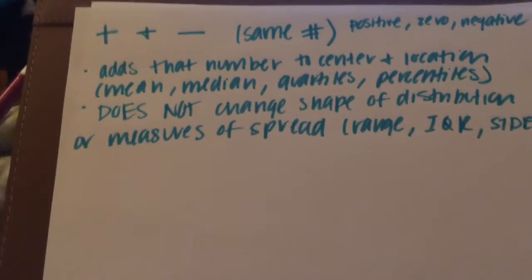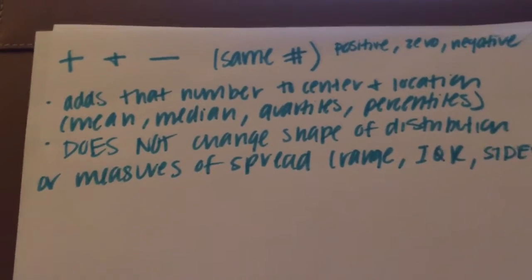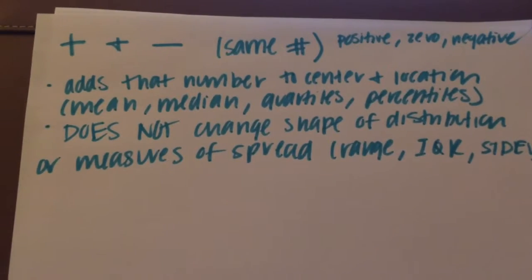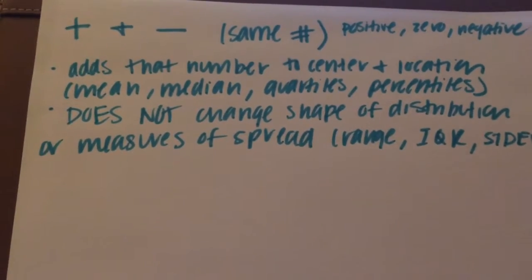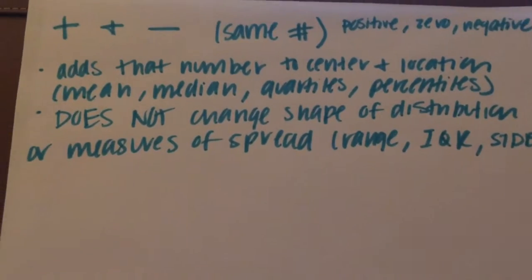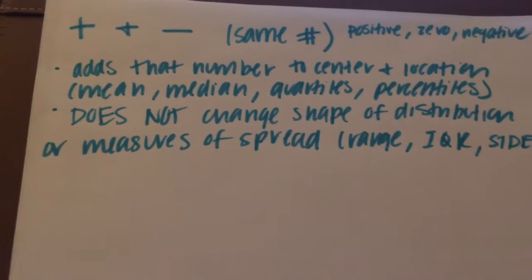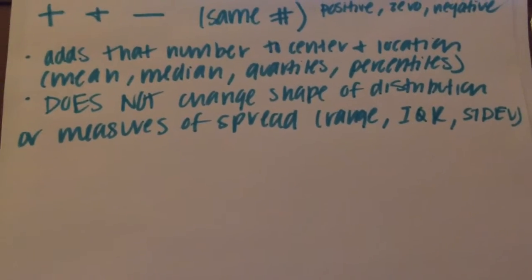And the reason for that makes sense. It doesn't change the shape because you're moving every single point equally. It's not like you choose the Q3 and move it this way and mess up the shape, but instead you're moving it all by, say, 3 points, adding 3, so it's just shifting over.